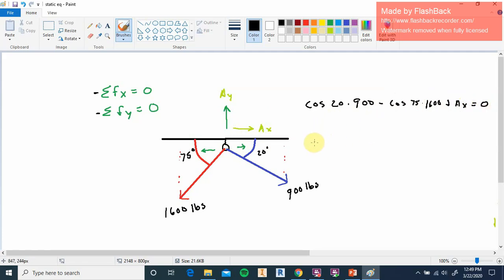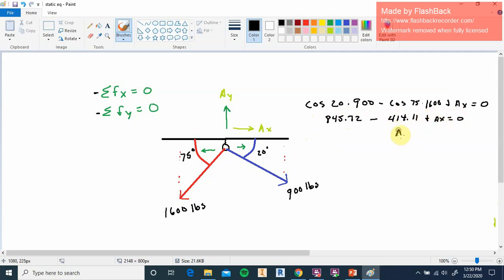So when we do that, we find out that the cosine of 20 times 900 would be 845.72 minus 414.11, and then I still have plus AX equals 0.